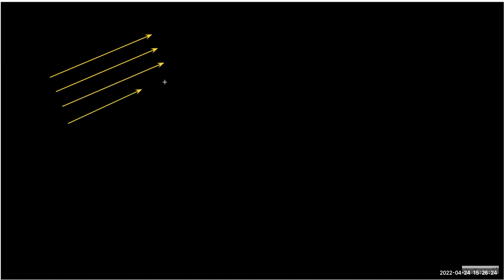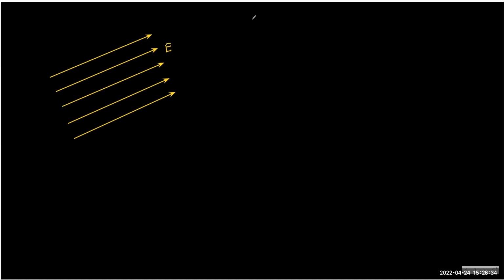Let's say we have an electric field in space, something like this. This is the applied electric field. Let's call it E.